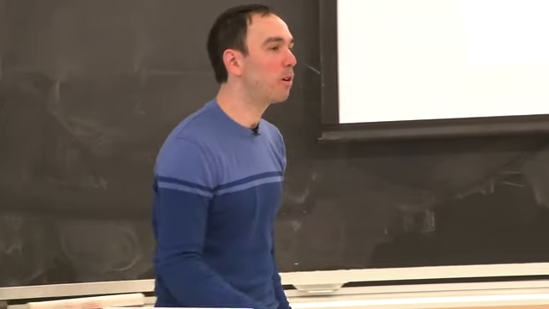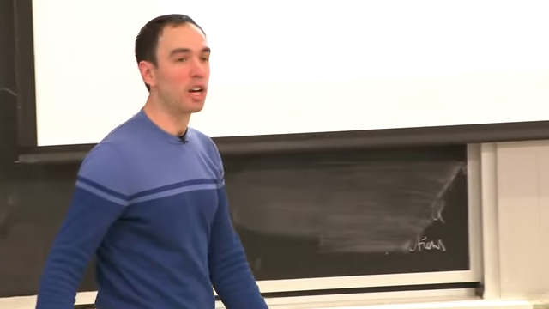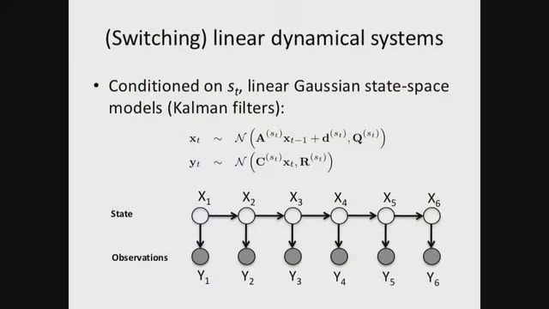So the technique which we'll talk about today goes by the name of switching linear dynamical systems. Who here has seen a picture like this, this picture on the bottom, before? About half of the room. So for the other half of the room, I'm going to give a bit of a recap into probabilistic modeling.